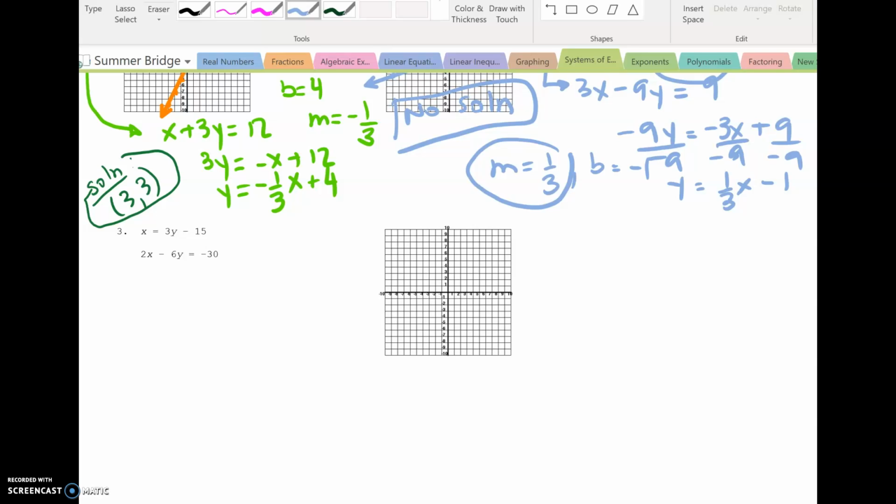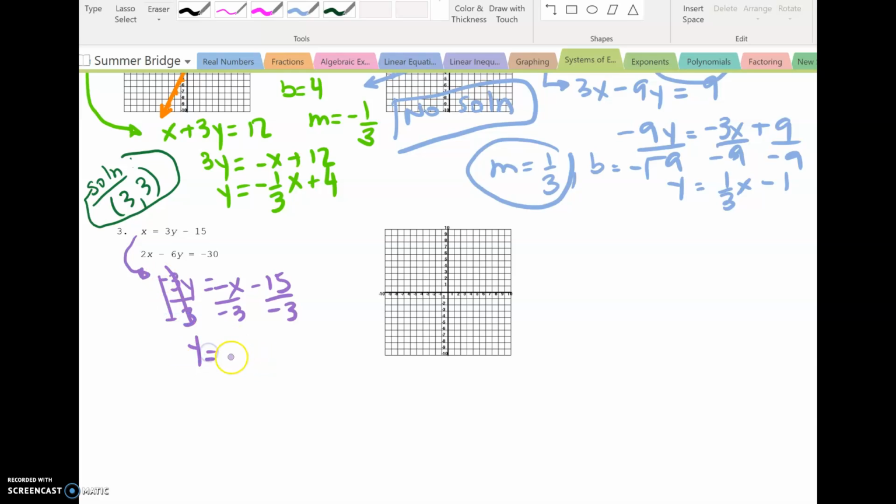Okay, so now last one here. Again, we are going to have to do different colors, and I'll do this purple. So I'm going to grab my first equation and I'm going to solve for y. So I'm actually going to subtract the x and subtract 3y. So I have negative 3y is equal to negative x minus 15. And then I'm going to divide by negative 3 on both sides. And actually all three terms, that becomes a positive.